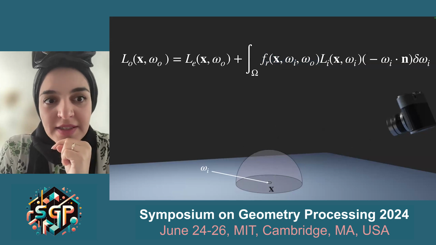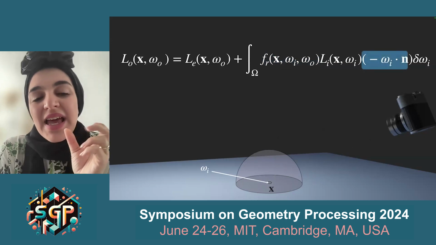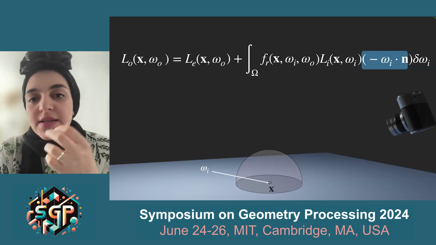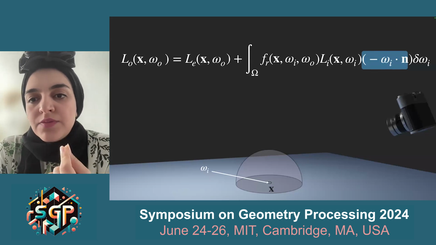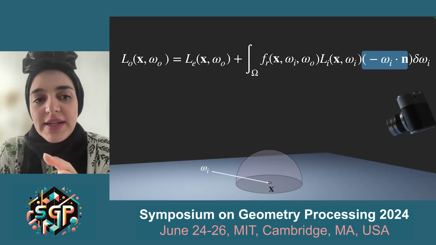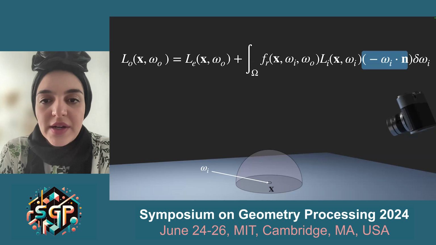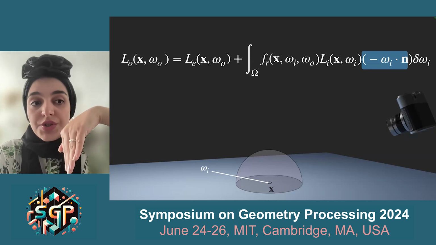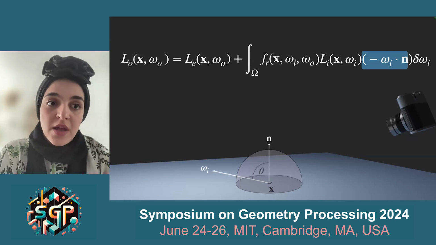The final factor here is that dot product, which is the dot product of inverse omega I and the surface normal at the point X. What this says is we're going to attenuate the effect of the light coming along omega I according to whether the light is hitting the surface at 90 degrees, which will be the full effect, or toward the grazing.